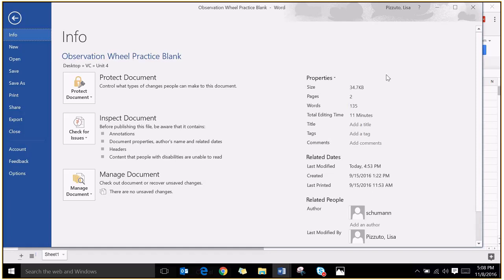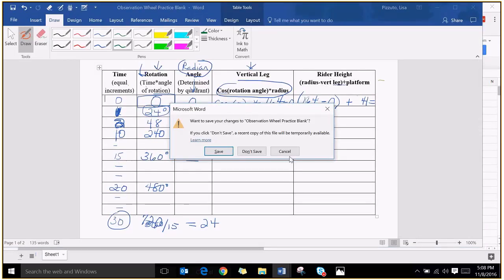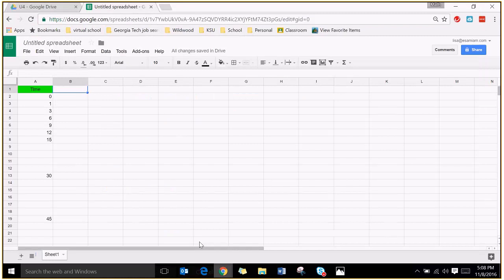So then the next column that you want to create, what do I got here? Cross that out. The next column that you create is what we call the rotation. So in your Google Sheet, you're going to do the rotation. The first rotation that you have to figure out, what you do here is you got to use a formula.